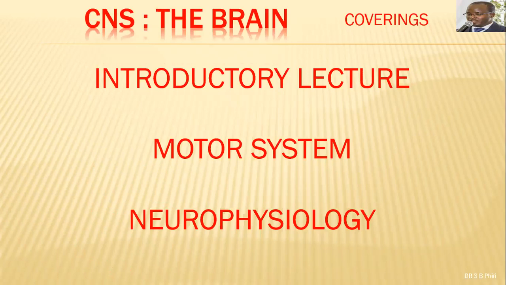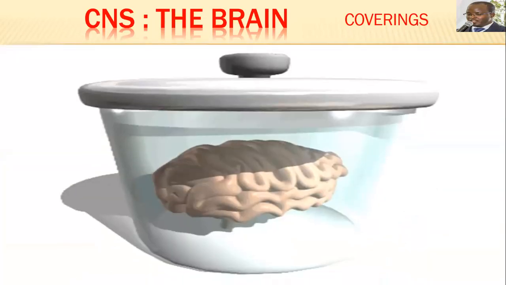Okay, so the major part with regard to neurophysiology is the brain, and this brain is protected by the cerebrospinal fluid around it. The brain cells are neuronal cells that are delicate, soft cells that need to be protected. So we have the cerebrospinal fluid around the neuronal cells that is going to provide support.